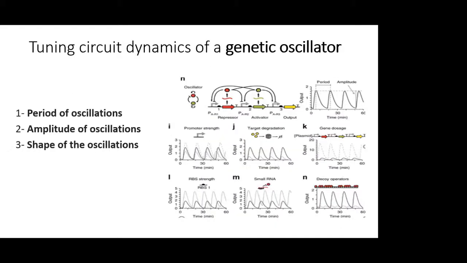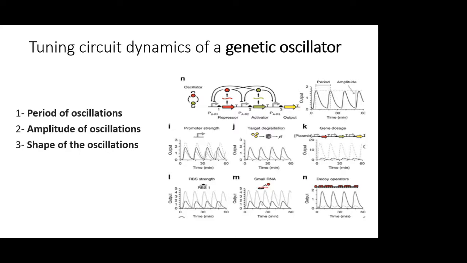You have another case about tuning genetic circuits, using a genetic oscillator. For a genetic oscillator, you have three characteristics: the period of the oscillation, the amplitude, and the shape of the oscillation itself. So how do we tune these parameters?